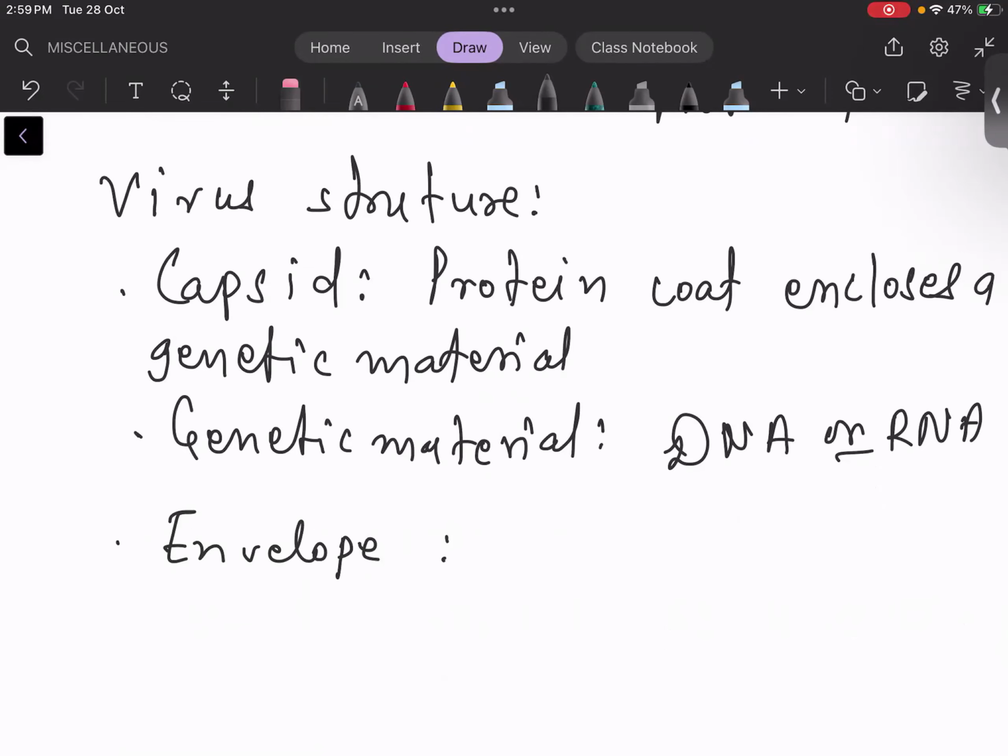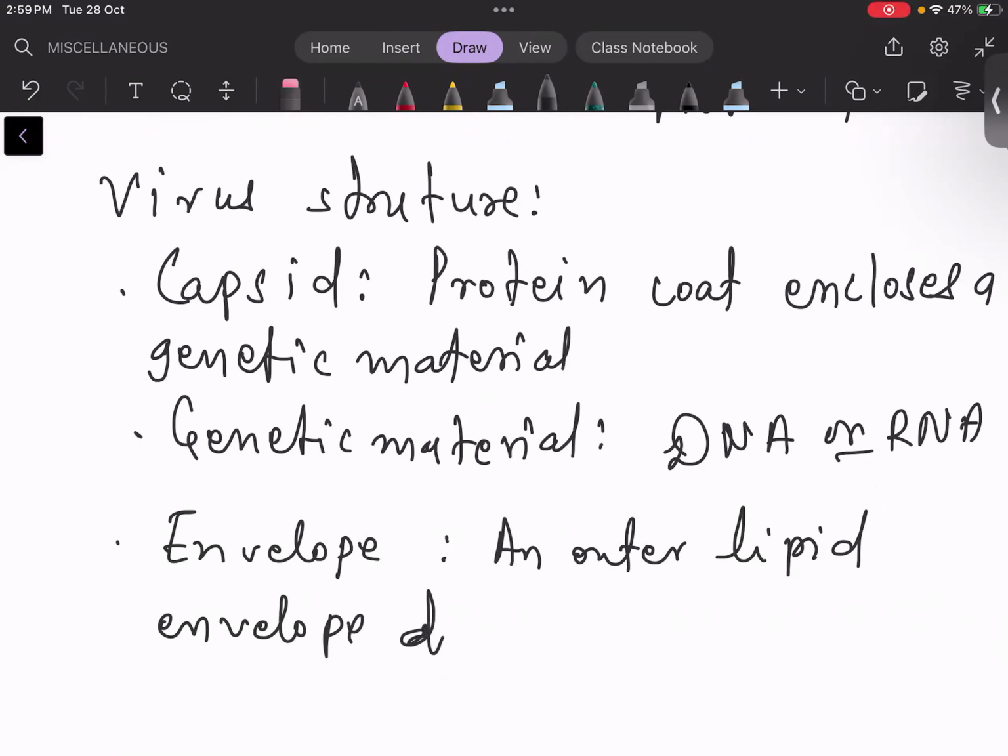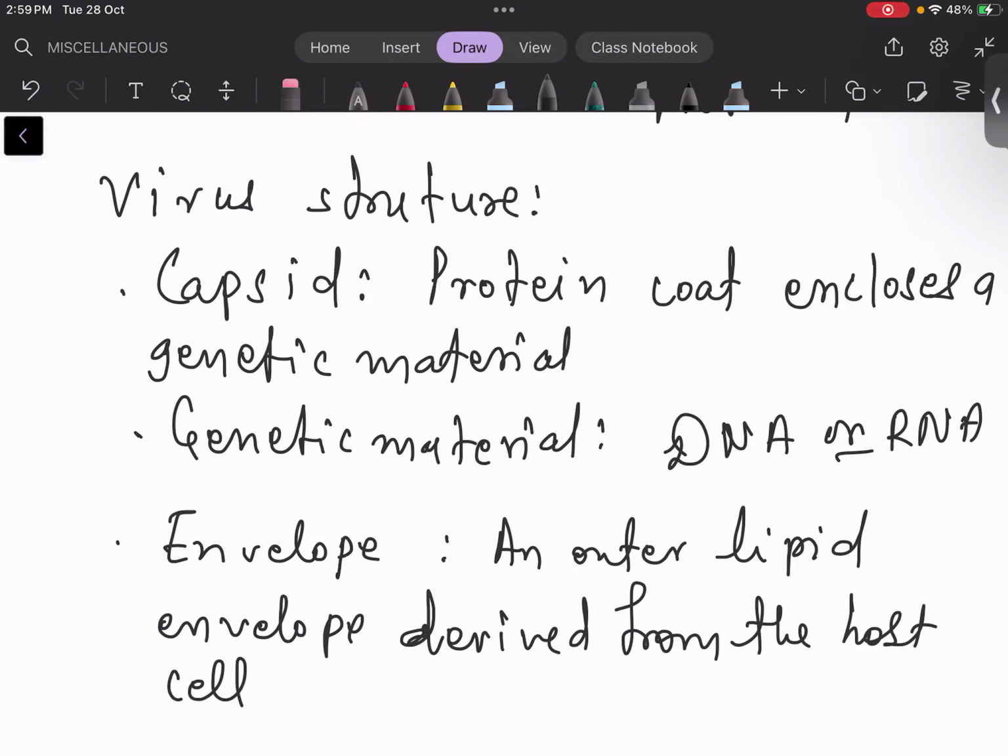Some viruses have an outer lipid envelope derived from the host cell.